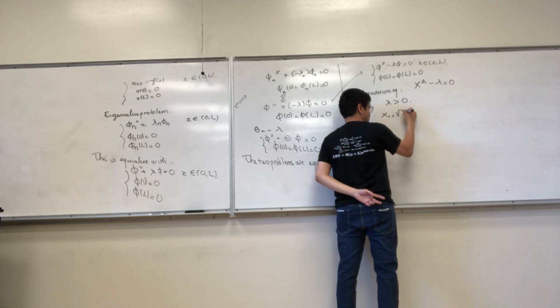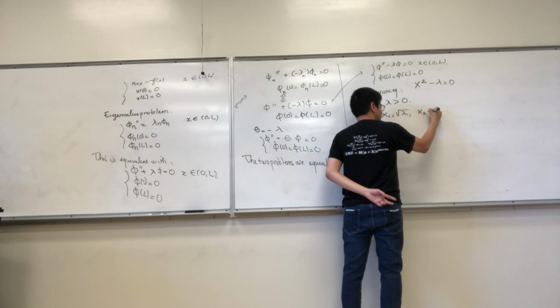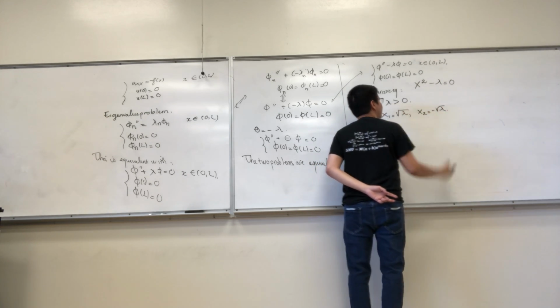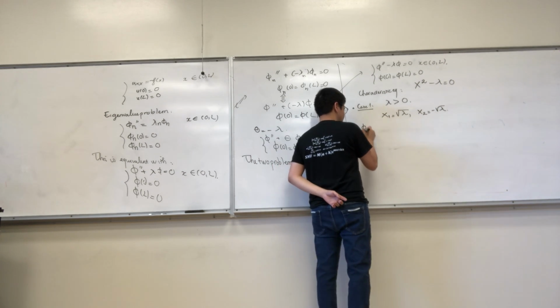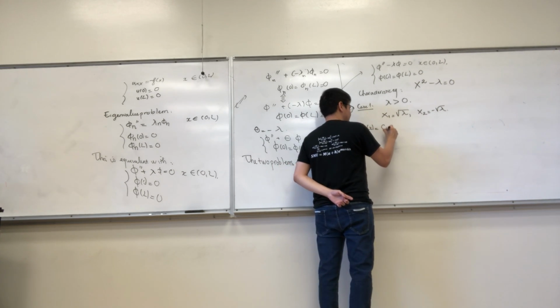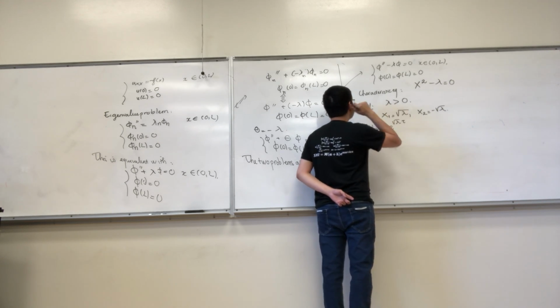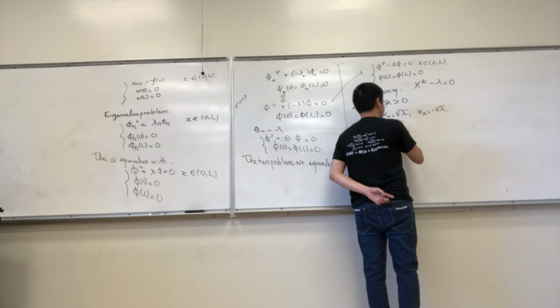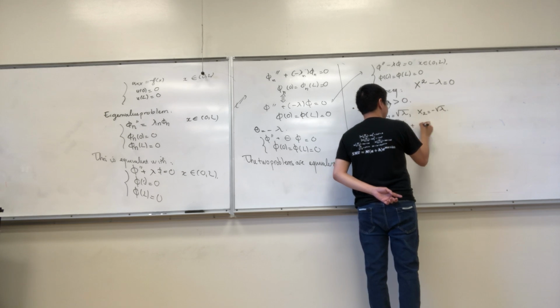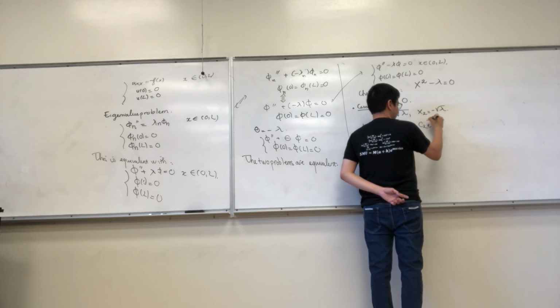The first root is square root of lambda. The second root is minus the square root of lambda. And then phi of x will have to be of the form C1 exponential of square root of lambda x plus C2 exponential of minus square root of lambda x.